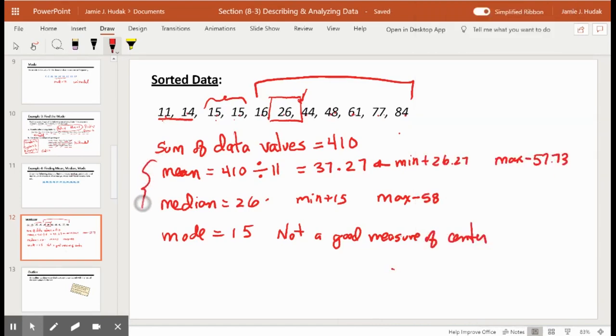So both the mean and the median look like they are equally suited to be a measure of central tendency. Neither of them gives a better benefit over the other. Both of them are placed in the middle of the set. The mode would not be a good measure of the center of the data.